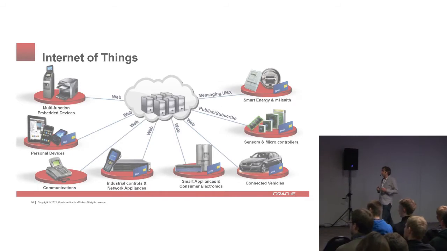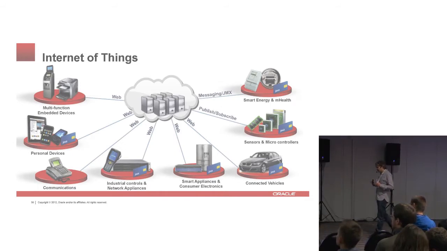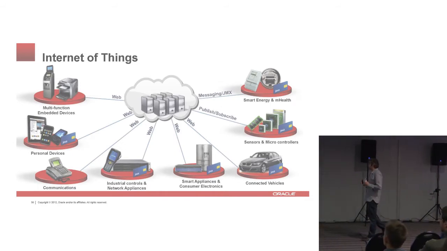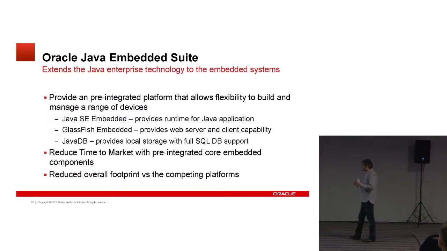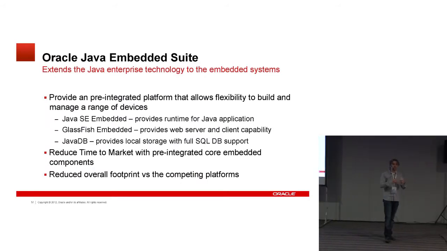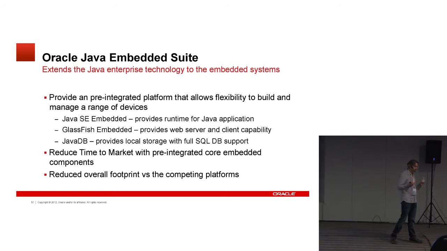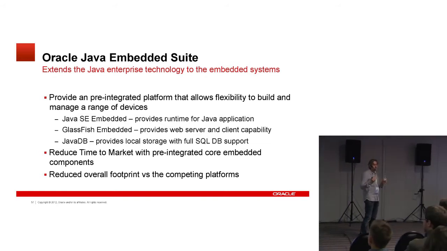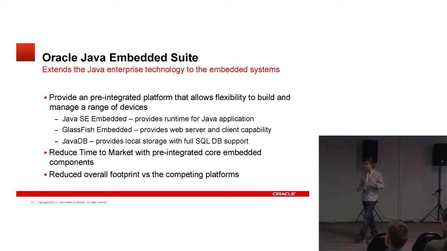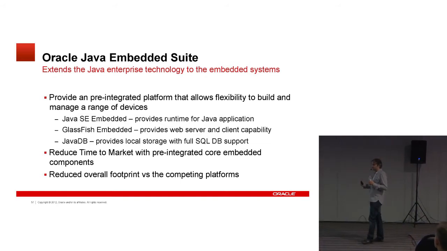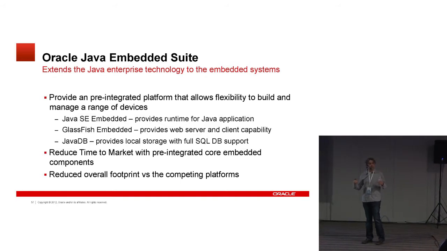Now, Java EE also has a role to play in that field. I mean, it's nice to have a lot of devices on the network, but those devices are spitting data. So maybe we can use Java EE to get those data, filter them, and process them, and then send them to the backend. So Java EE doesn't necessarily have to be just on the backend side.